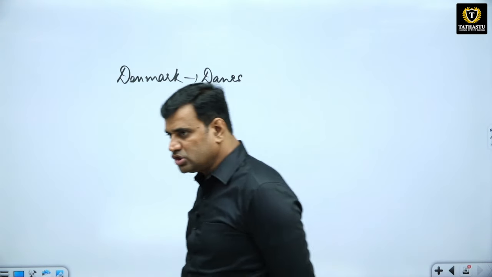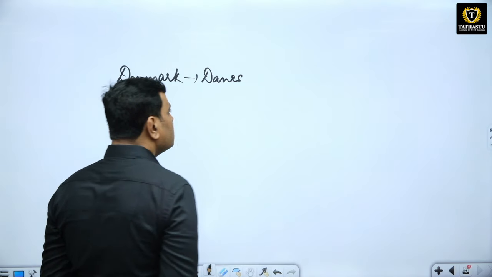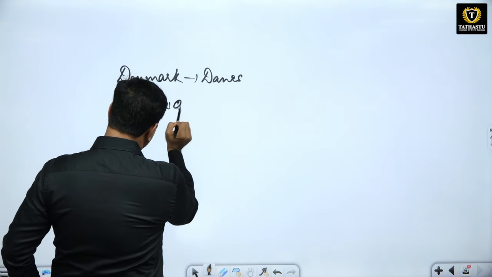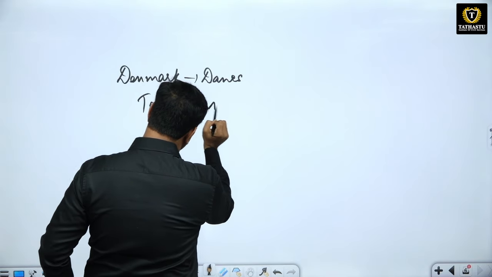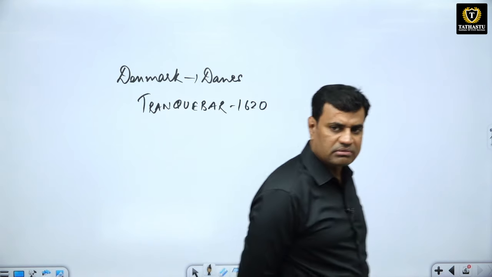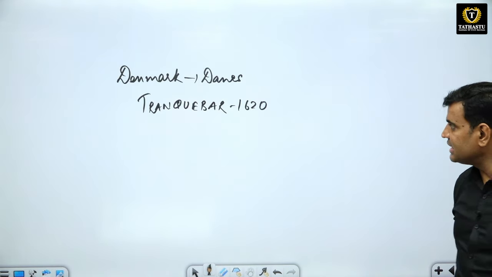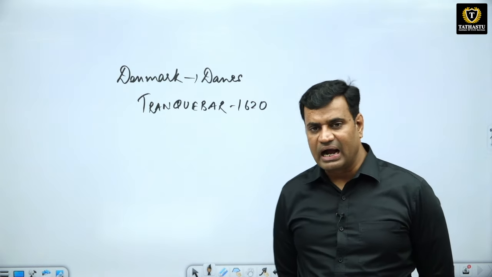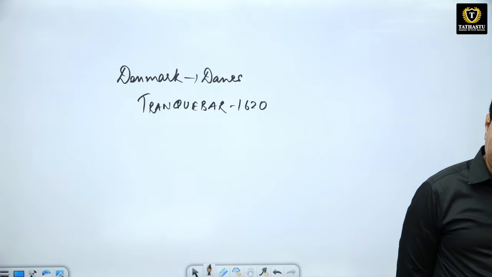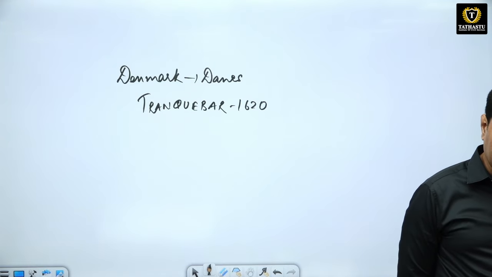They established their first settlement at Tranquebar, in Tamil Nadu, on the Coromandel coast, in 1620.